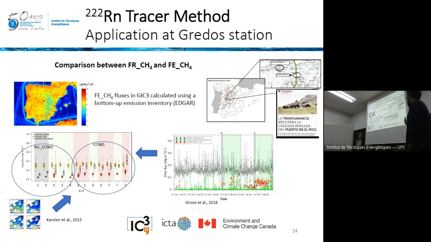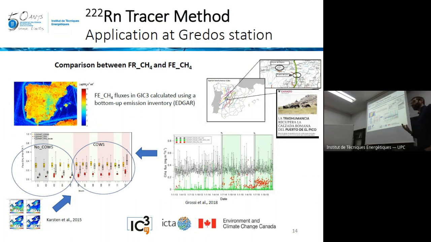So what was happening here? Well, this site was characteristic because of transhumance. So there were some months with cows and some months without cows.